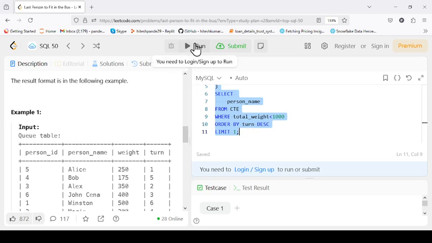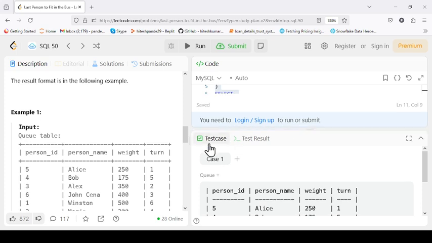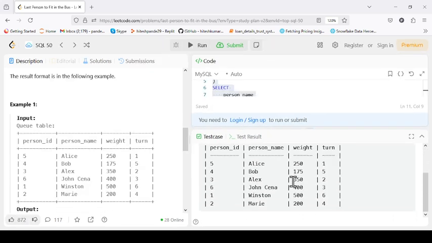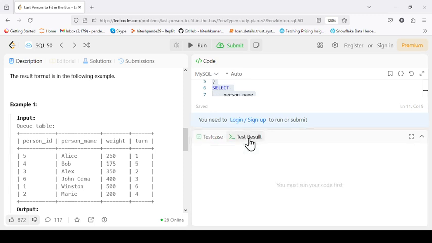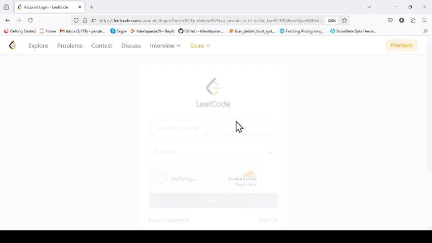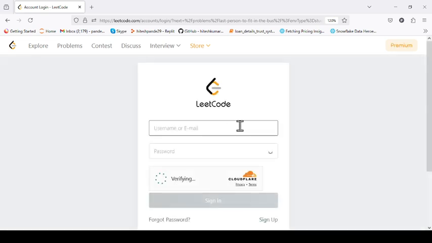Now let's run this query. We will see whether we will get the expected output or not. I forgot to log in to LeetCode, so let's first log in.